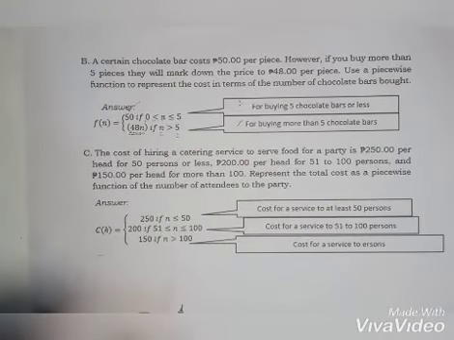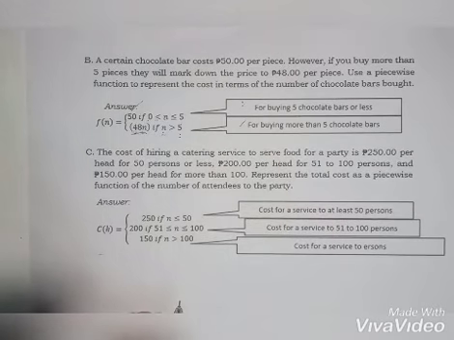Letter C: the cost of hiring a customer catering service to serve food for a party is 250 per head for 50 persons or less, 200 per head for 51 to 100 persons, and 150 per head for more than 100 persons.